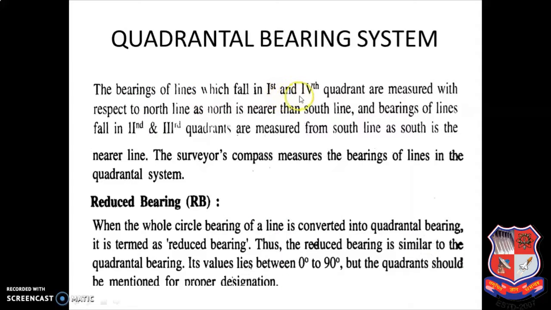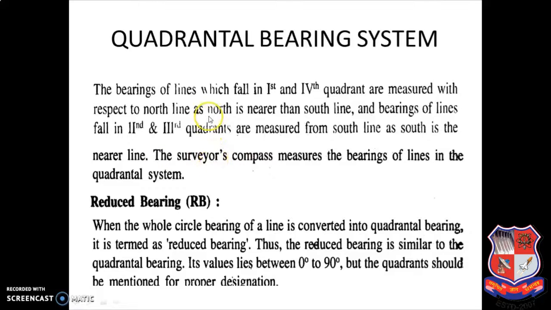The bearing of a line which falls in the first and fourth quadrant is measured with respect to the north line, as north is nearer than the south line, and the bearing of a line falling in the second and third quadrants is measured from the south line, as south is the nearer line. And the surveyor compass measures the bearing of a line in the quadrantal system. As I told you, prismatic compass always follows the whole circle bearing system type, and the surveyor compass always follows the quadrantal system type.